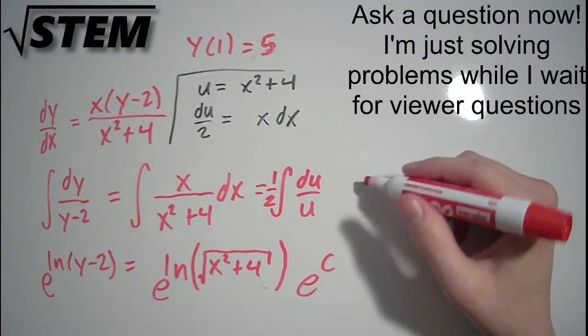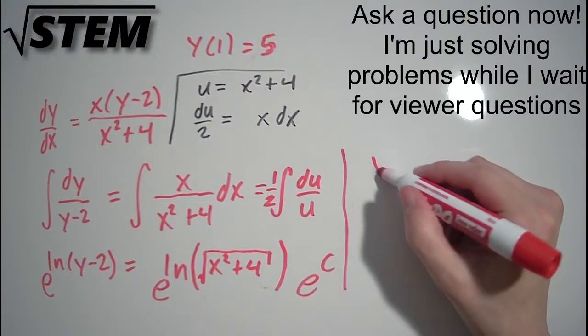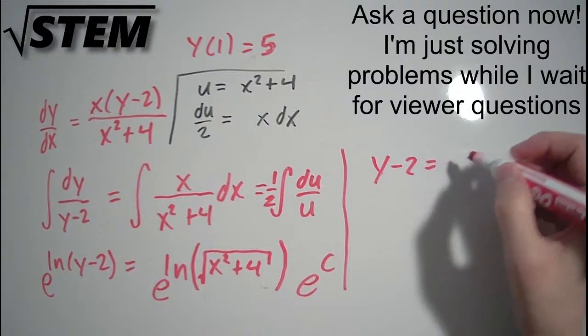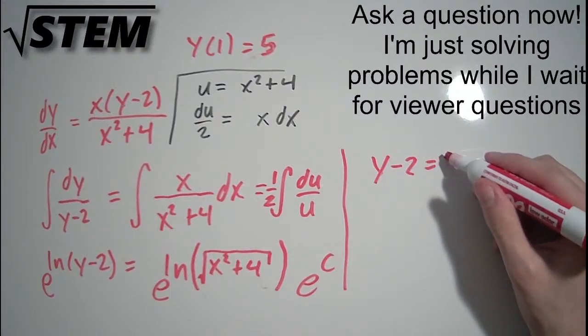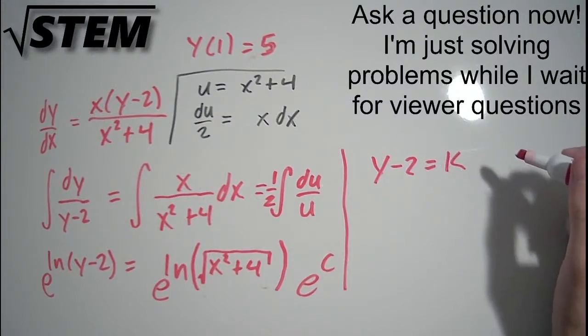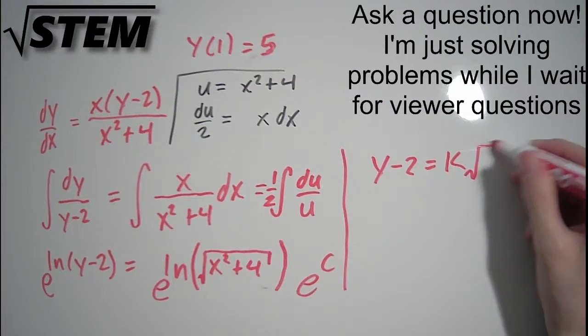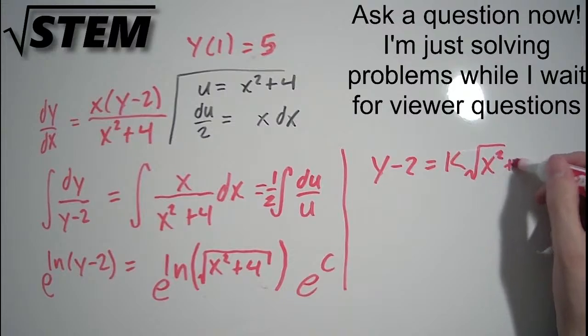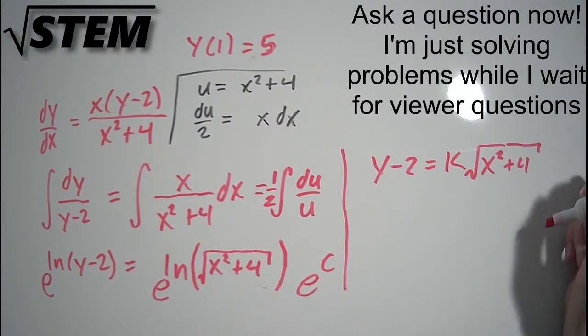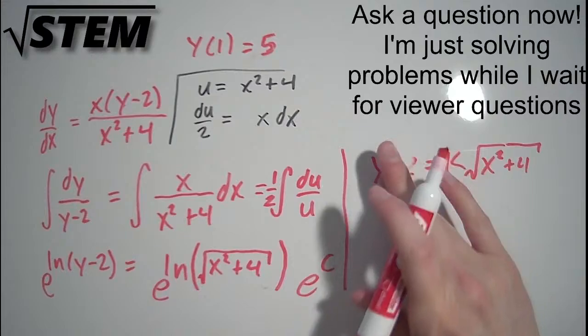So what we're going to get is y minus 2 being equal to, I'll call it k this time, since k is not already used in the problem, times the square root of x squared plus 4, and then we'll add 2 to the other side.